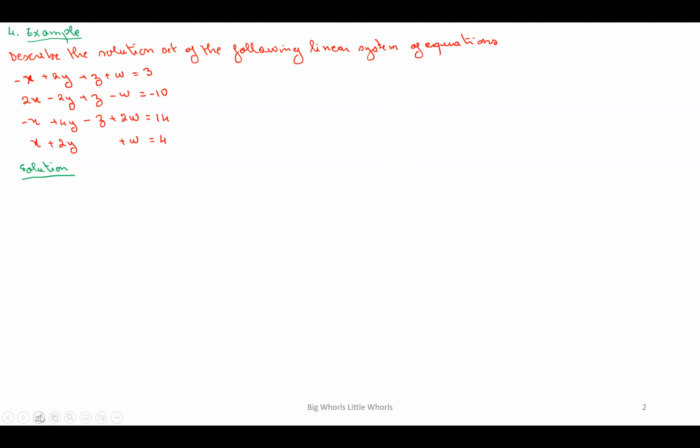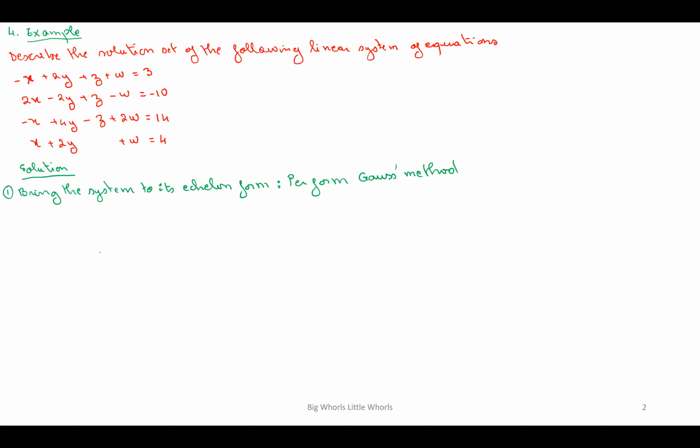Okay, so let me write it here. Bring the system to its echelon form. That means perform Gauss method or Gauss elimination.